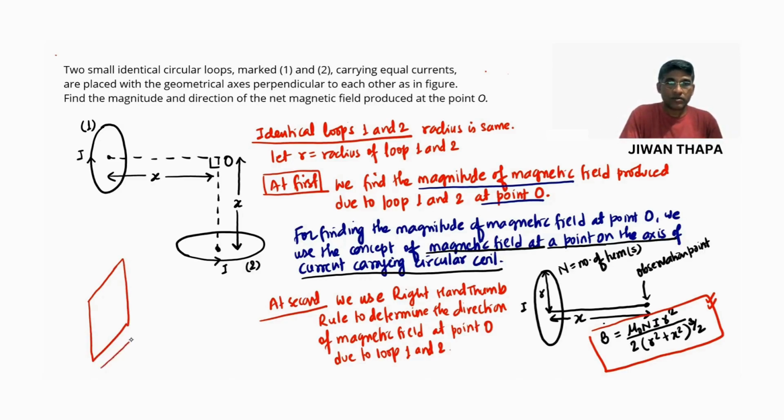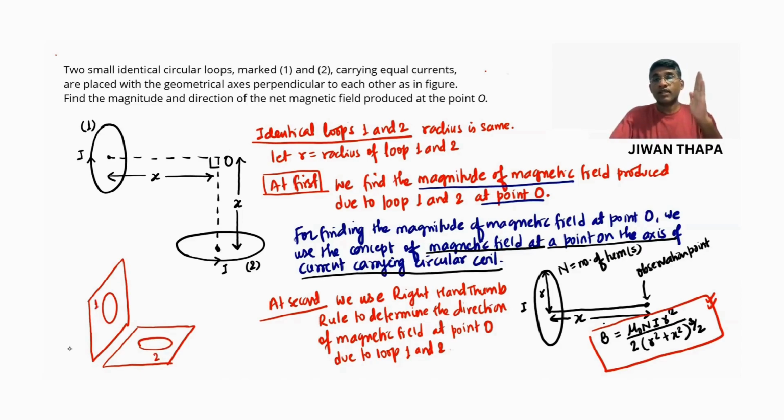So this is loop 1 and we have identical loop 2.